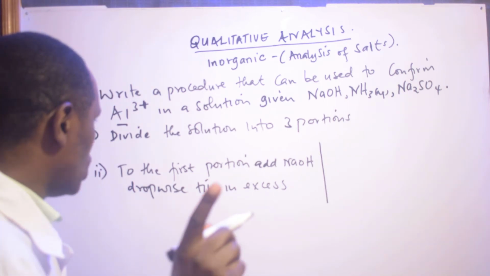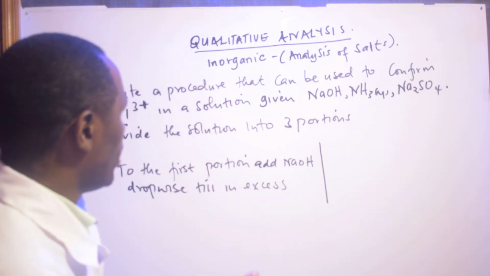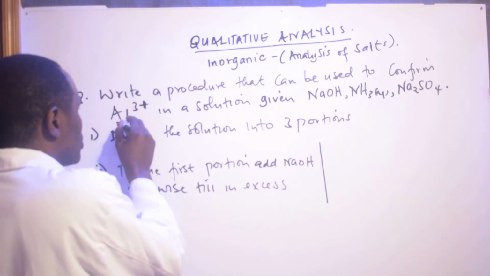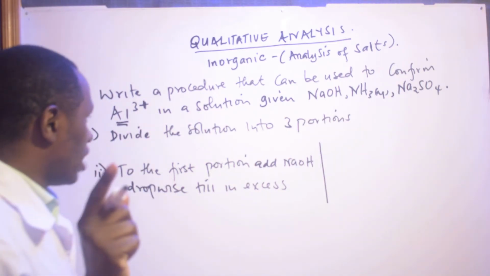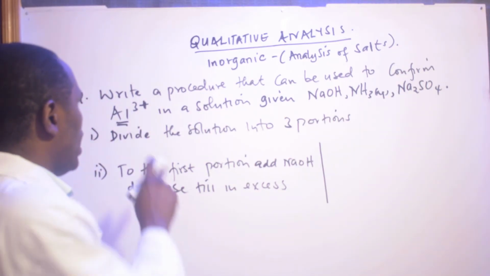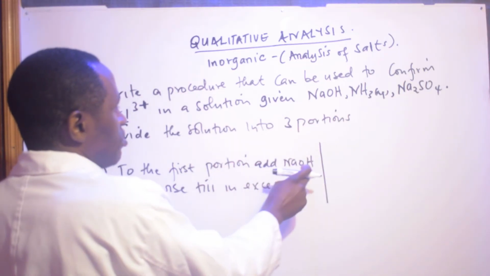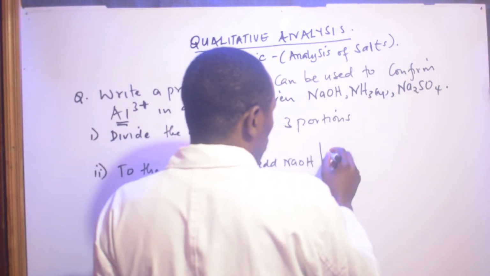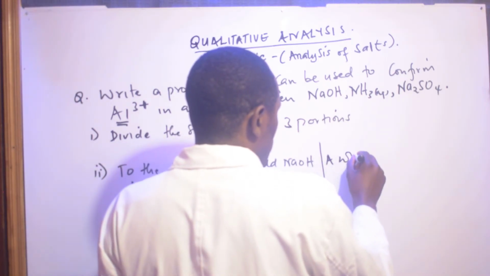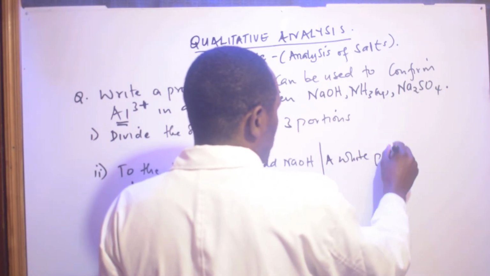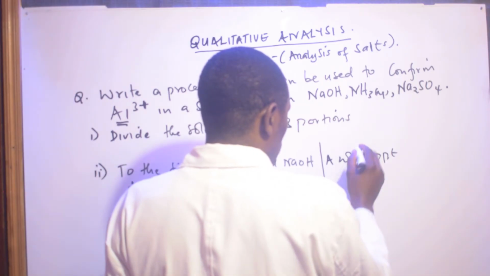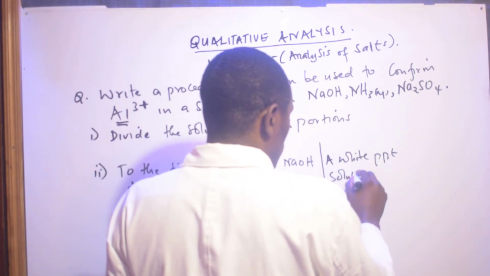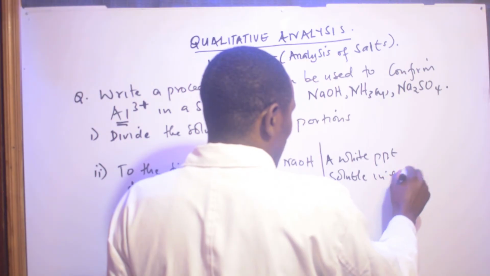Remember, I'm talking about aluminium ions. If you remember, aluminium hydroxide is amphoteric. Therefore, my expected observation would be a white precipitate soluble in excess.